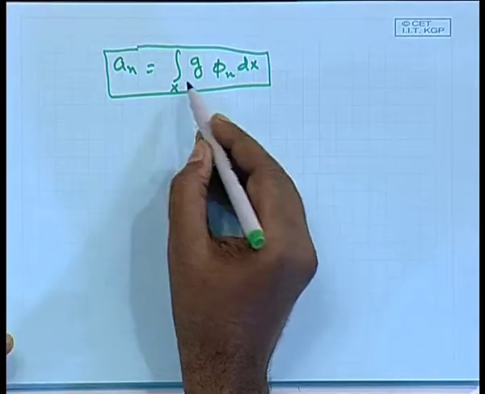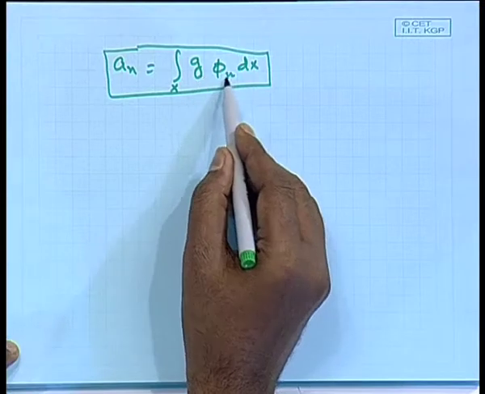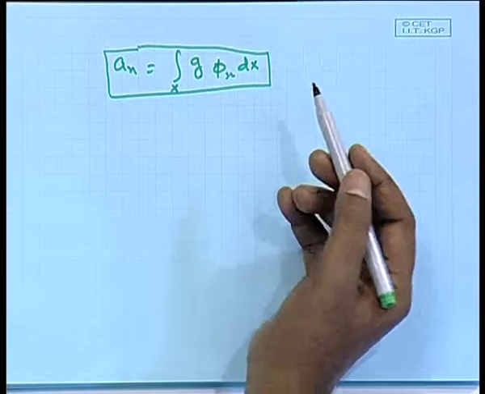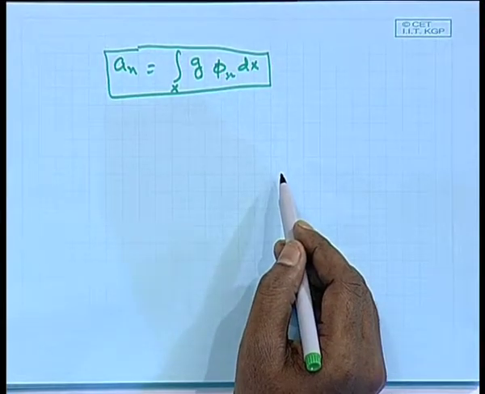Now, you have to find out what this integral, g phi n dx, is. For that, what you have to do? You have to multiply the governing equation of the Green's function, that is del g del t minus del square g del x square equal to delta of x minus x naught into delta of t minus t naught. You multiply both sides of that equation by phi n dx and integrate.